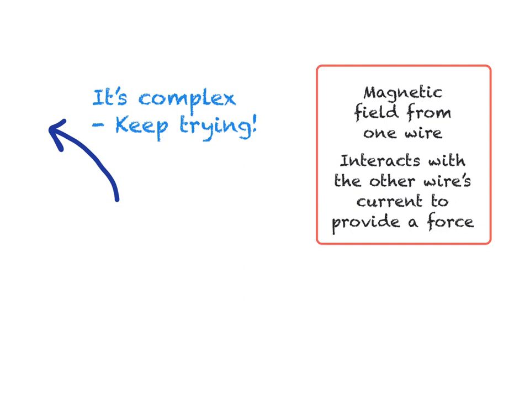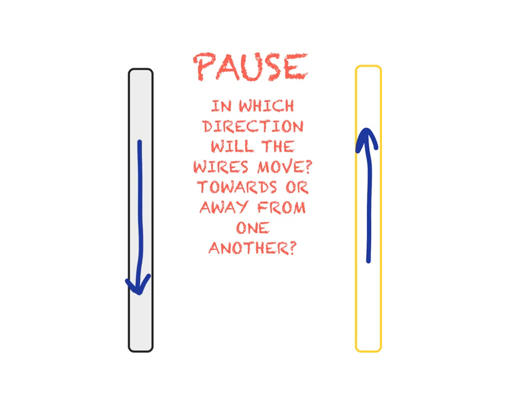Now let's take a look at when I have 2 current carrying wires, but their currents are running in opposite directions. Go ahead and pause the video and try to explain for yourself what direction each of the forces would point for either wire.